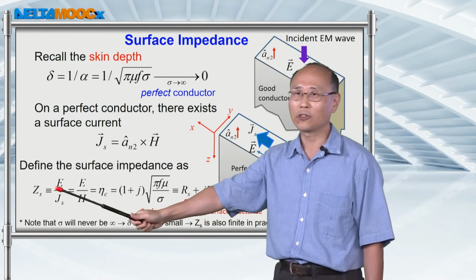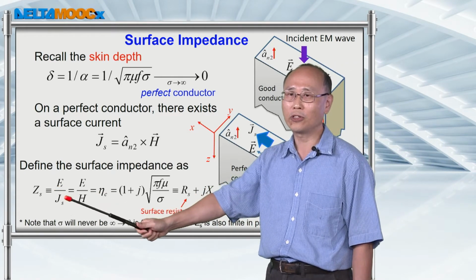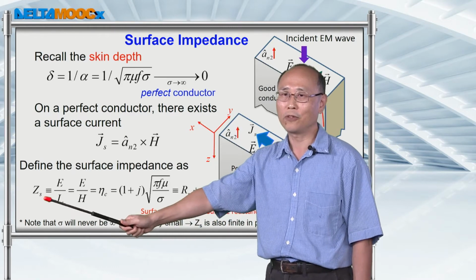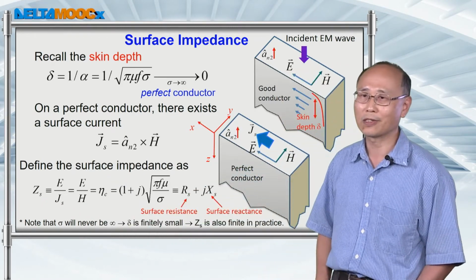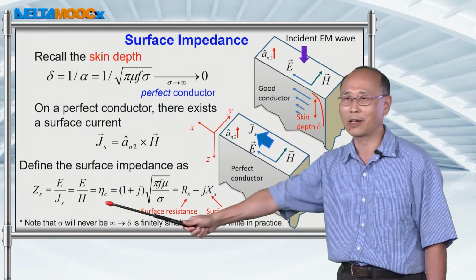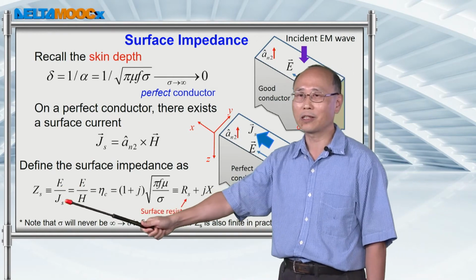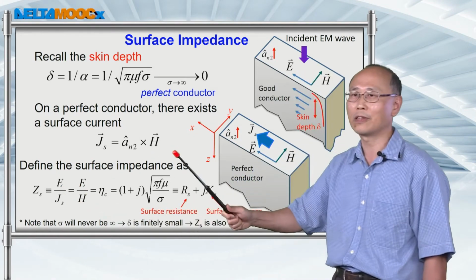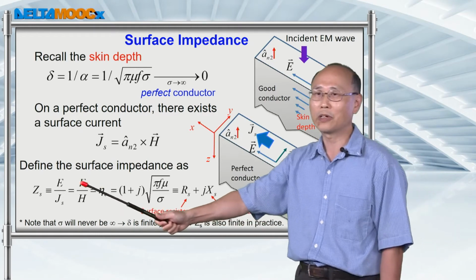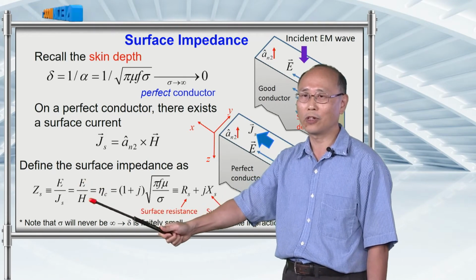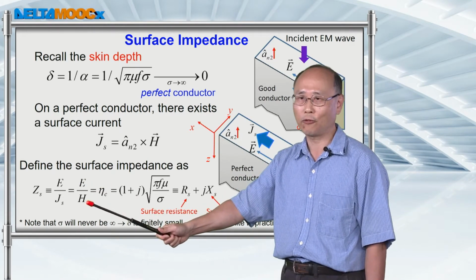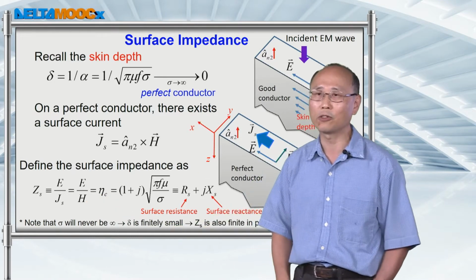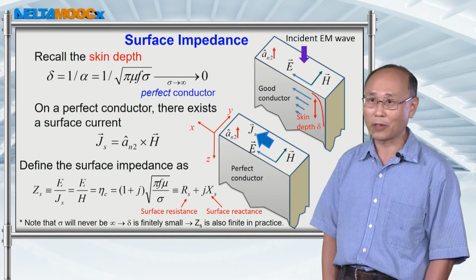Now, we can just adopt the voltage over current concept to define a surface impedance through this calculation. But it turns out that this surface current comes from this magnetic field. So it's equal to the electric field divided by the magnetic field, just like the way you define the intrinsic wave impedance.